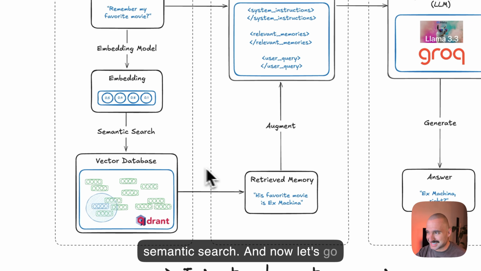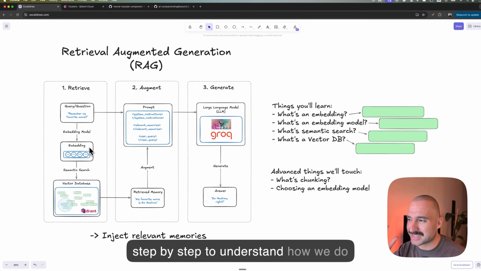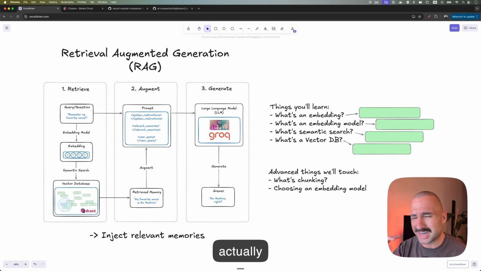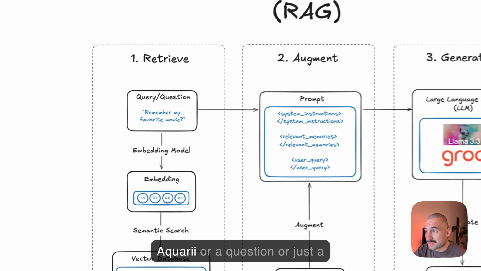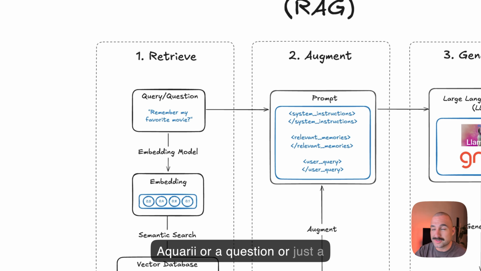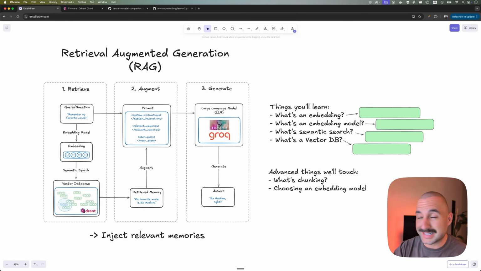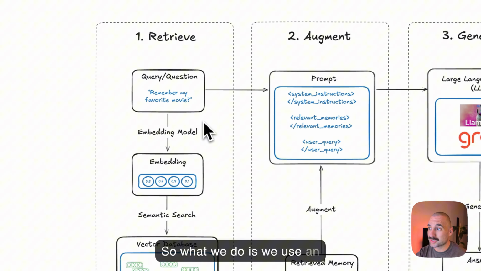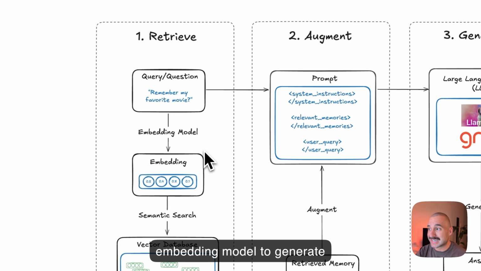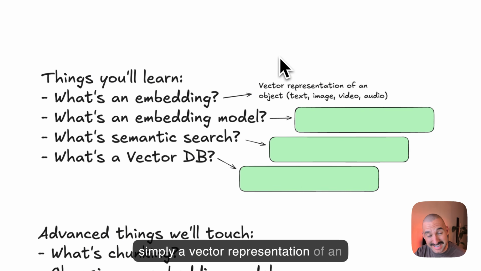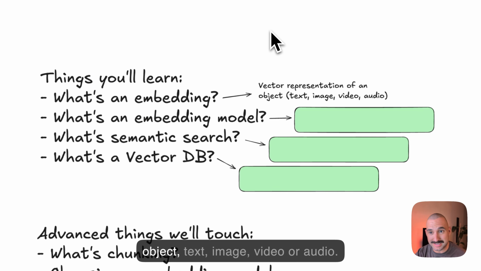Now let's go step by step to understand how we do this semantic search and what it actually means. First of all, we have just a query or a question or a sentence that is just a string, plain text. What we do is use an embedding model to generate an embedding, or embedding vector, which is simply a vector representation of an object: text, image, video, or audio.